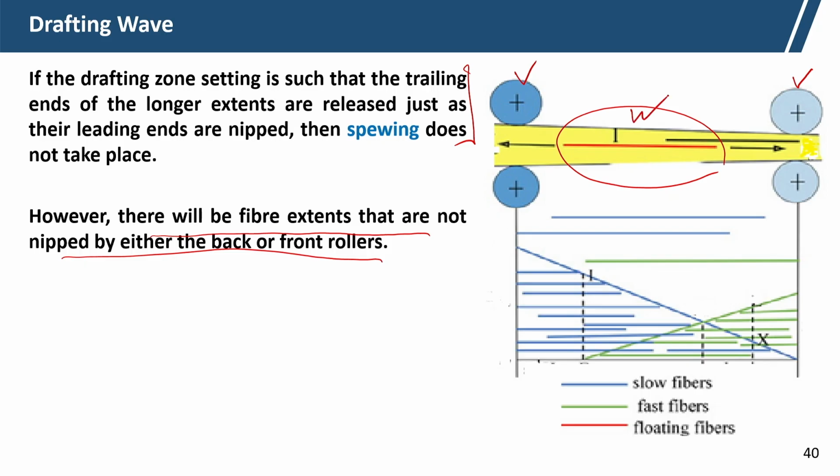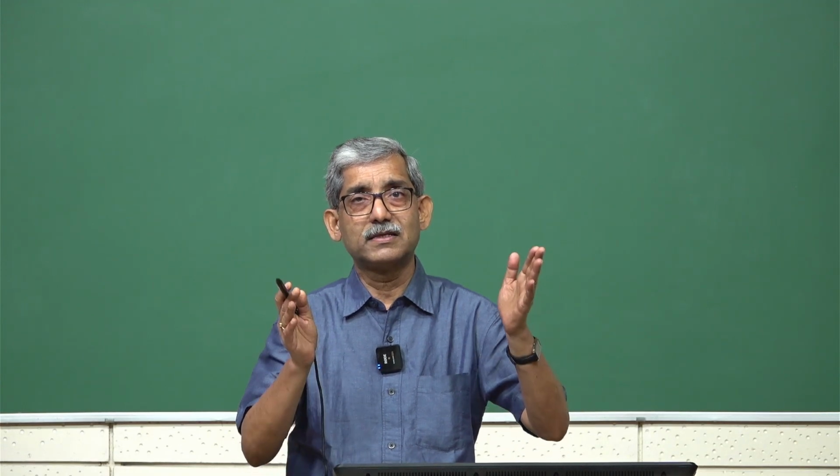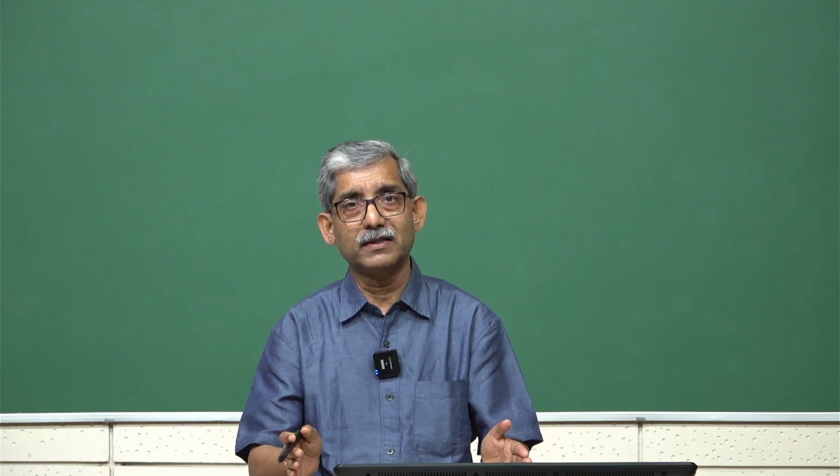These floating fibers are actually the reason for the drafting wave. Now, in the ideal drafting case, we assume that all the fibers are of the same length and the roller settings are exactly equal to the fiber length.